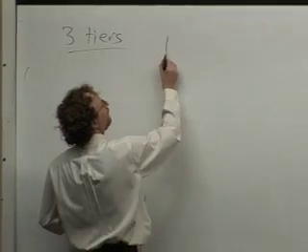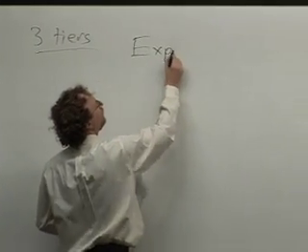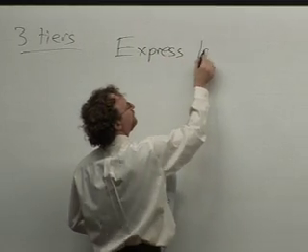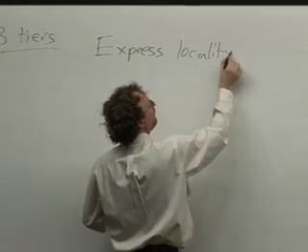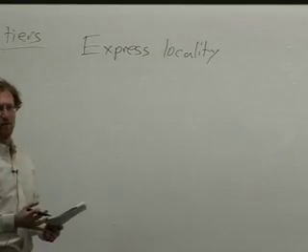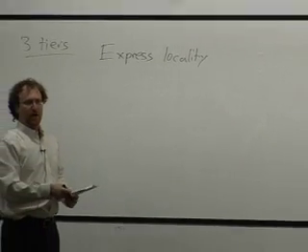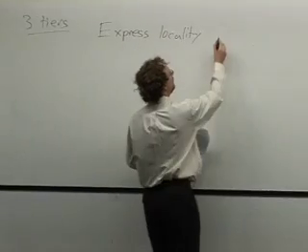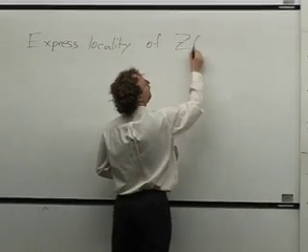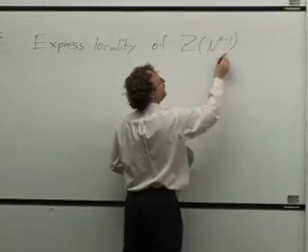Well, we can now try to express the locality. Before, we had the locality of the invariance of an n manifold under cut and paste. Now we can try to do the locality of Z of n minus 1 under cut and paste.